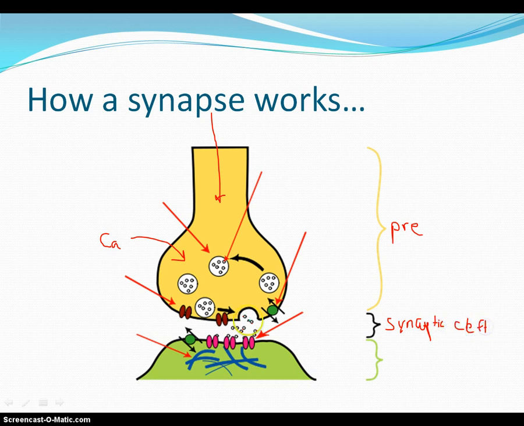Now, those little neurotransmitters are going to be picked up by these protein receptors right here, and if we have enough neurotransmitters, it is going to cause this postsynaptic neuron to send an impulse or continue the impulse.